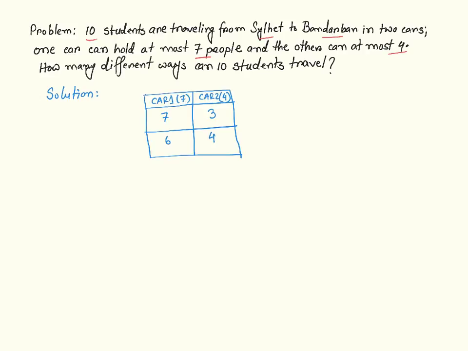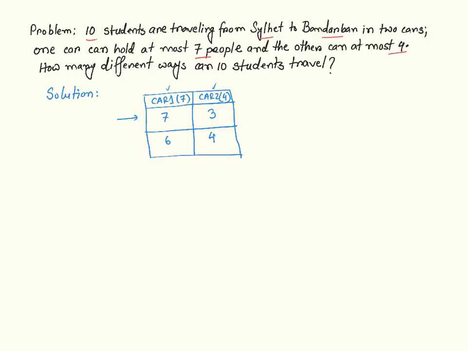To solve this problem, it's easier to create a table so that you can see what's actually happening. So let's consider the first car, which can hold up to 7 people, and the second car, which can hold up to 4 people. Now we have 10 people that need to travel. So there are a couple of possibilities here. In the first case, if 7 people go into the first car, there will be 3 people in the second.